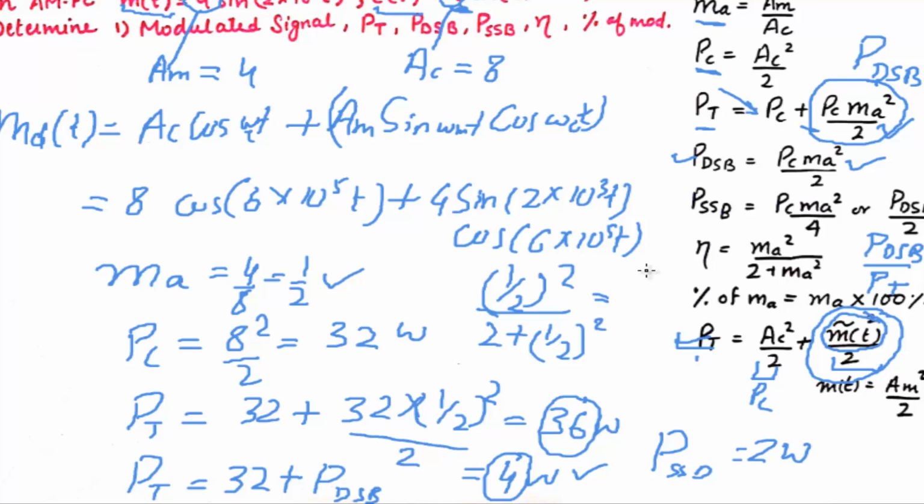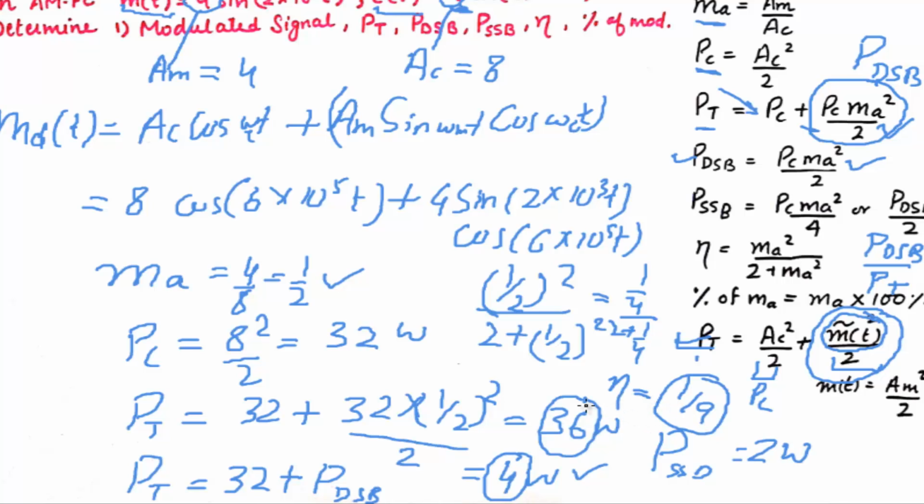So this is going to be 1 by 4 upon 2 plus 1 by 4, and that should give me 1 by 9 as my efficiency. So efficiency is pretty low.